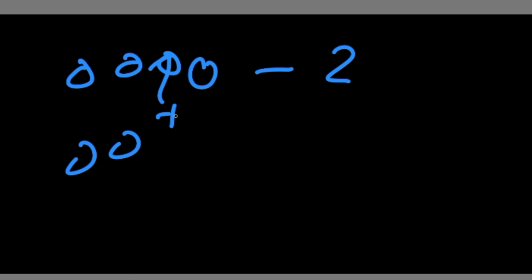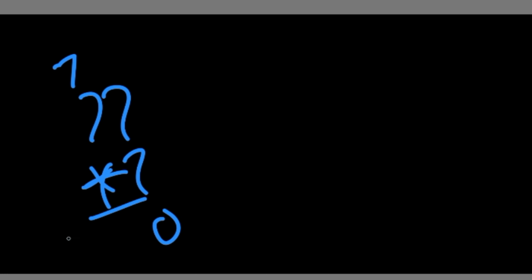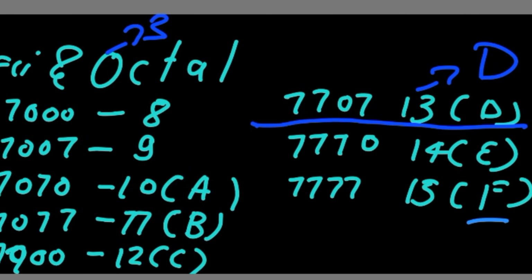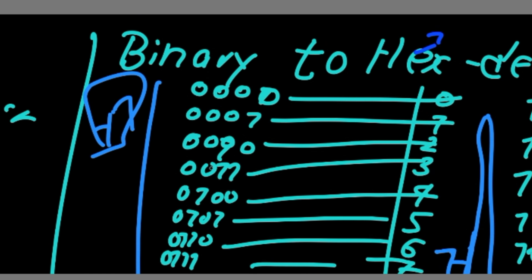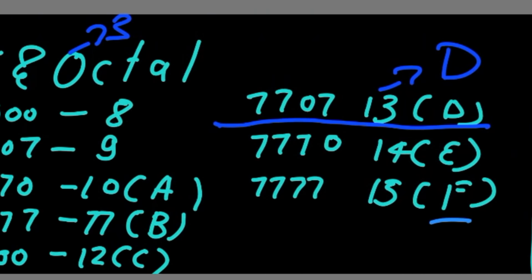Again, if we add 1, it would be 11. Let's add 11 with 1. What would it give us? 1 plus 1 is 10, 1 plus 1 is 10. It gives us 100. So next would be 100, right? Yes. So you see the pattern, it is increasing by 1.